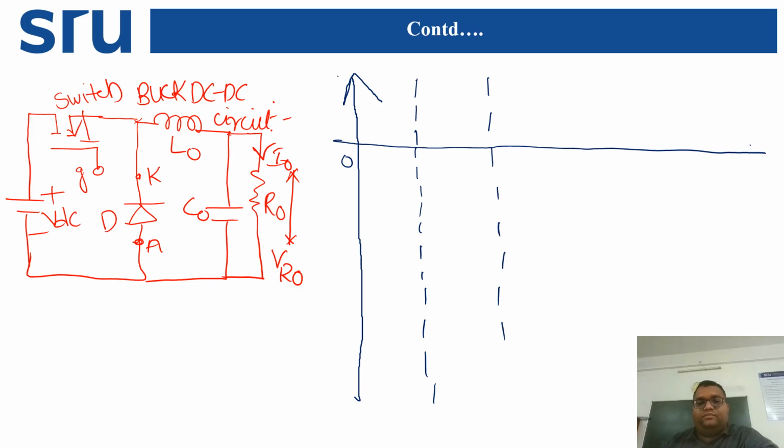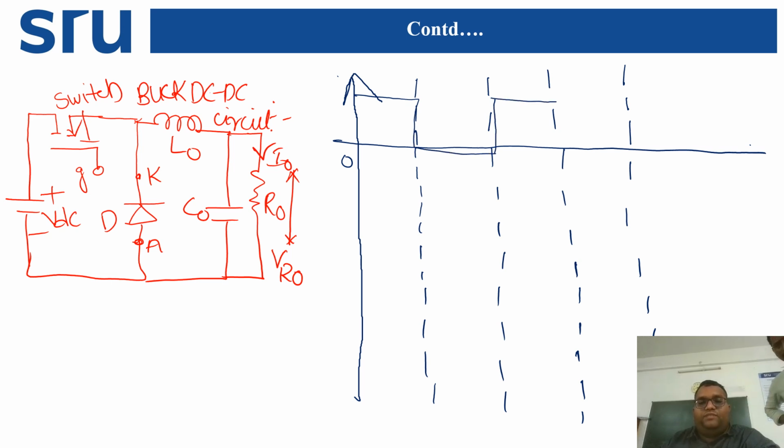This is the switch on condition, this is the switch off condition, this is switch on, this is switch off, switch on, switch off. Like this way, we are going to design the circuit.